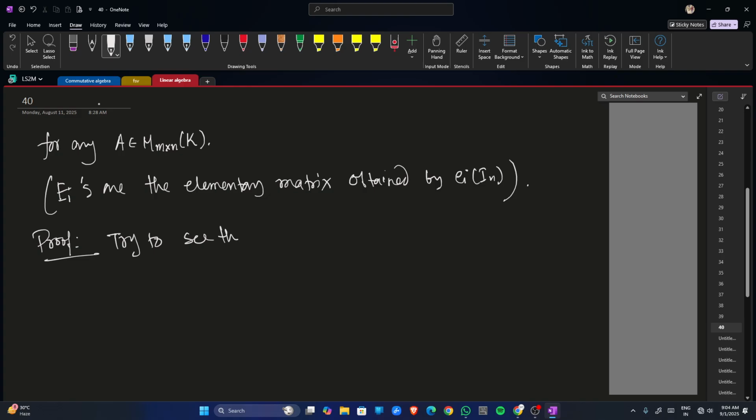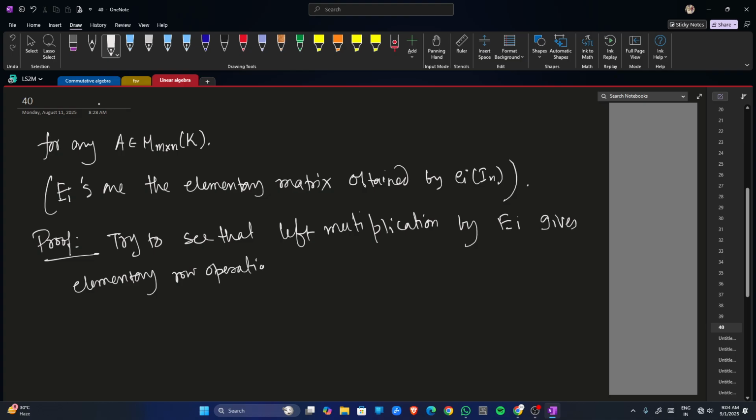Try to see that multiplication by E_i is its elementary row operation on A.